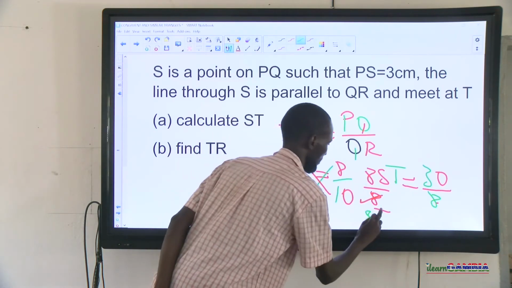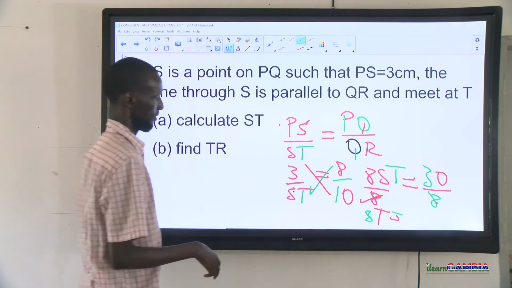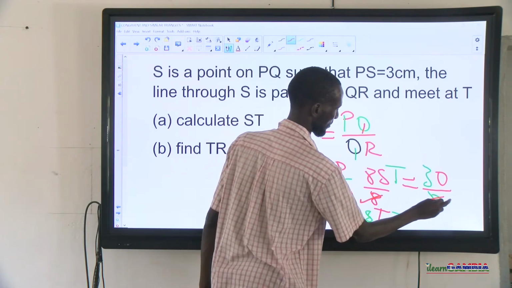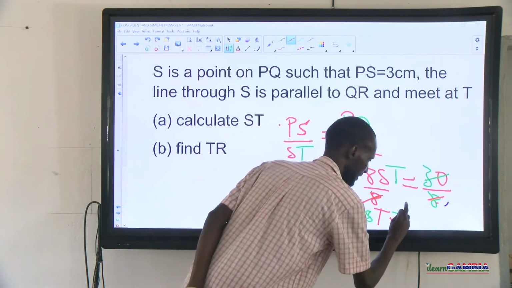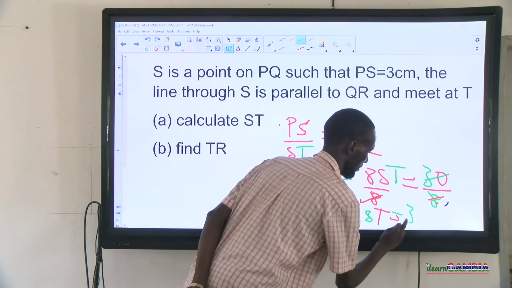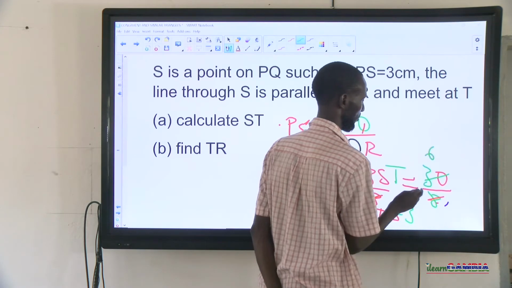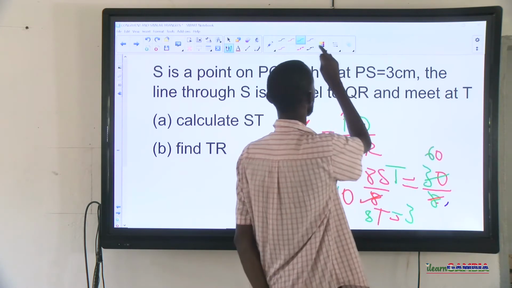Your ST being equal to, see what happens. 8 can go into 30 three times. 3 times 8 is 24, which leaves a remainder of 6. But 8 cannot go into 6, so we can add 0 to the 6 and put down a point here.